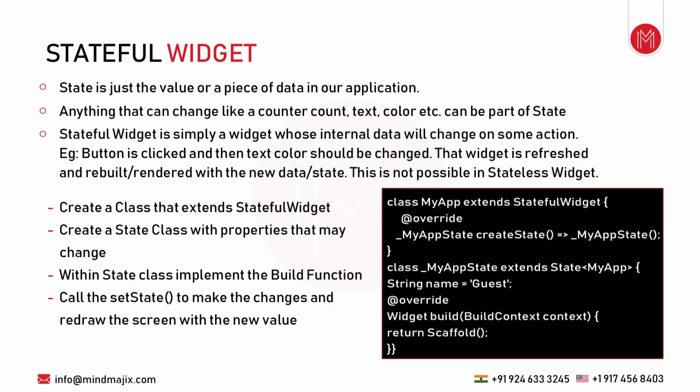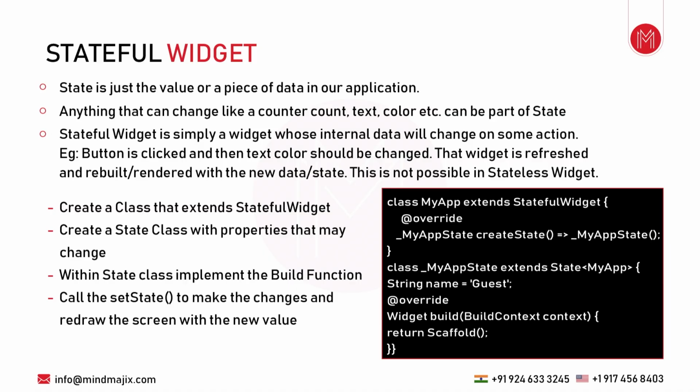A stateful widget is simply a widget whose internal data will change on some action. That is, a button is clicked and then text color should be changed, or there should be some kind of animation. In that case, that widget is refreshed and rebuilt with the new data.